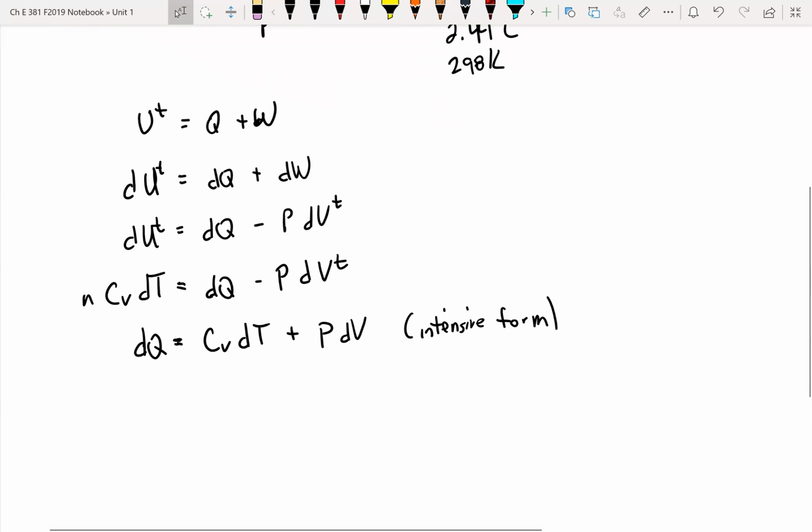Okay, so that means the temperature change is 0. So for an isothermal process, dT, I can cross out.